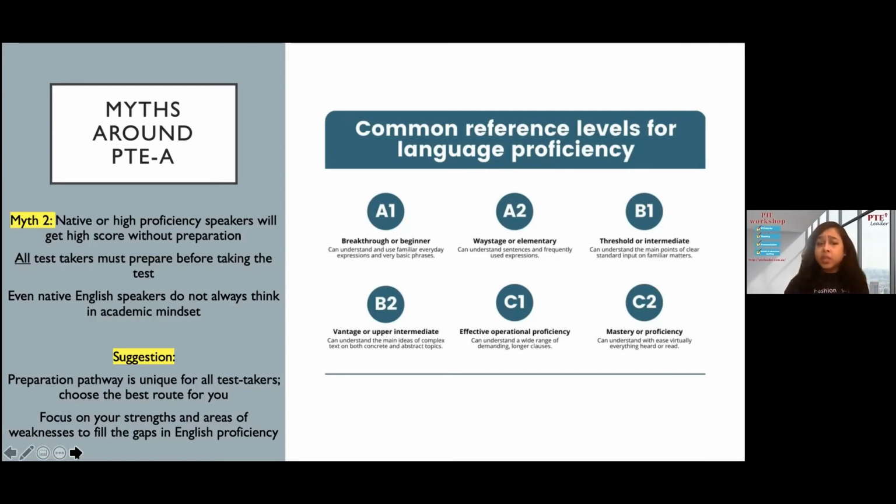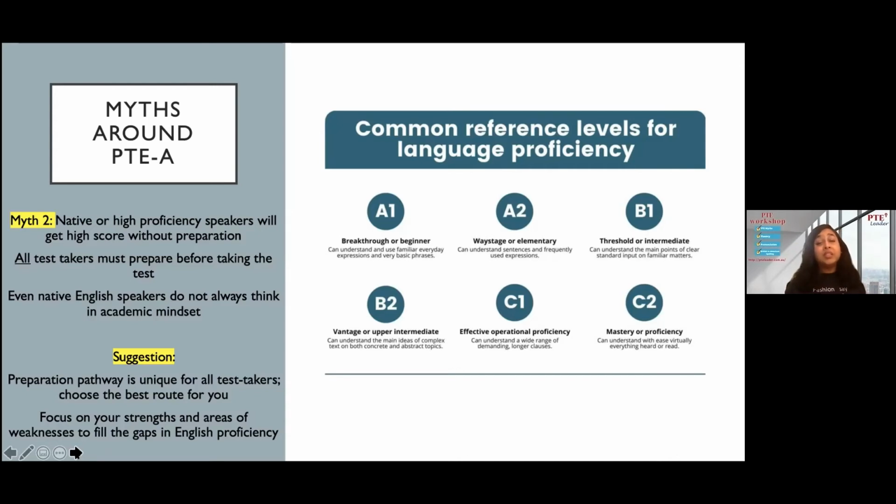So first, what I would suggest is that you determine which level you are at. If you go to Google and search for common reference levels for language proficiency, you will find all these A1, A2, B1, B2, C1, C2, and there are lots of indication points and criteria for each specific level. Read those and see which one you fall into. If you are A1, A2, or B1, you need lots of improvement to reach C1 and C2.